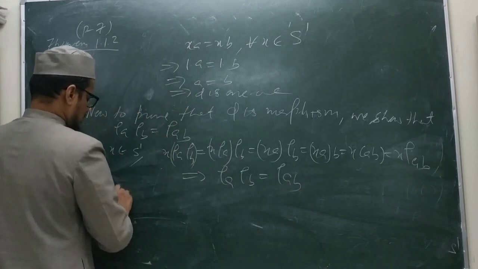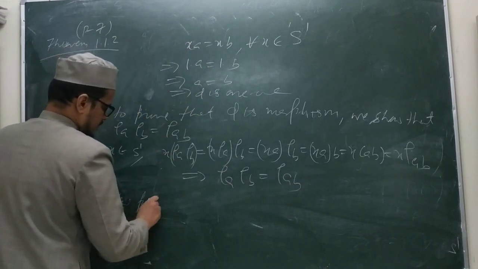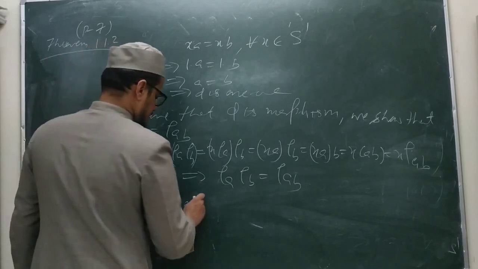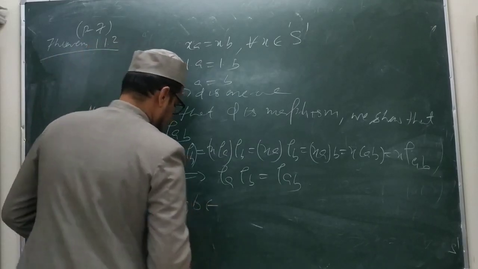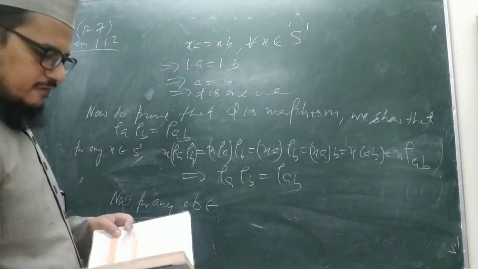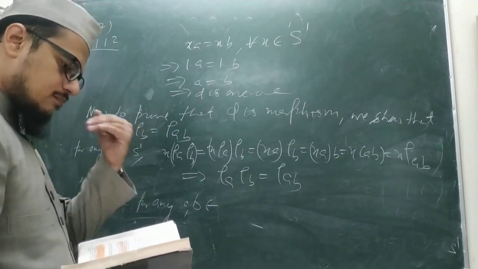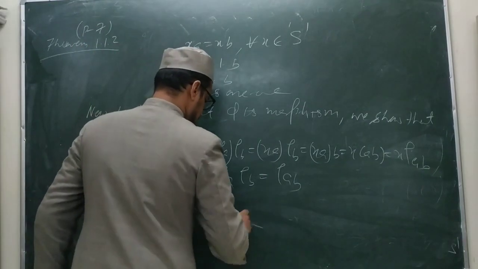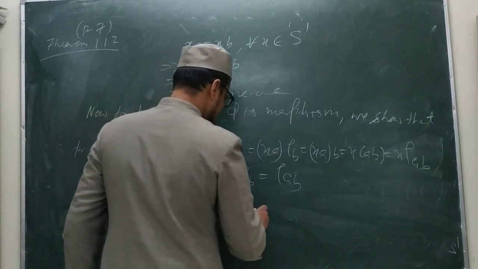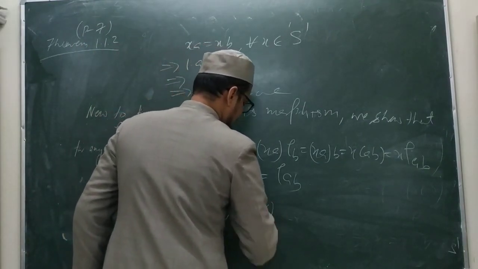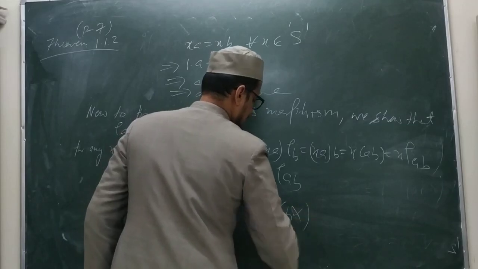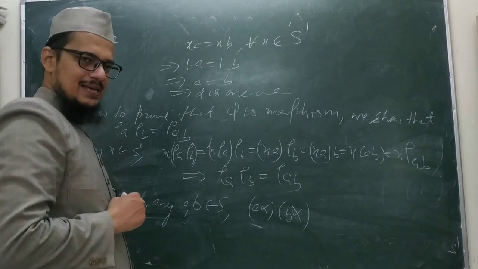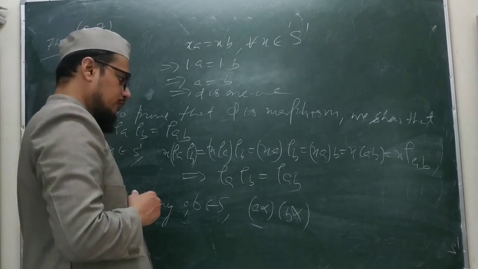Now, for any A, B, α is a map from where to where? It is a map from S to τX. So for any A, B belonging to S, Aα into Bα, what do we have to prove?